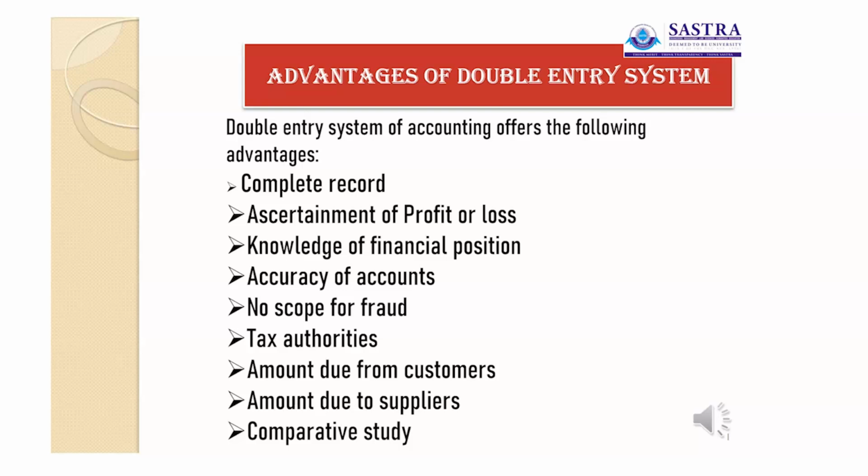The trader can ascertain from the books of accounts the sums he owes his creditors and make proper arrangements to pay them promptly. Then the last point is comparative study. Results of one year may be compared with those of the previous year and reasons for the change may be ascertained. So these are the advantages of the double entry system.